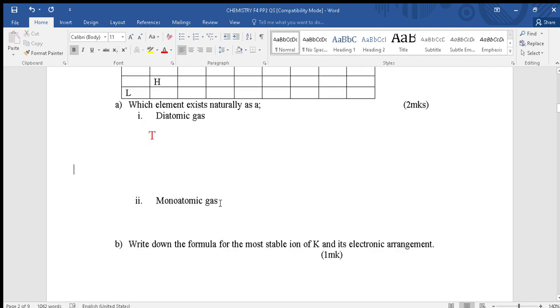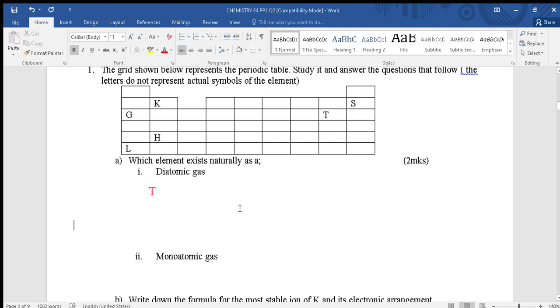Most monoatomic gases belong to this group here, group 8. So most likely the monoatomic gas is going to be gas S. Just write there gas S, so that is gas S.